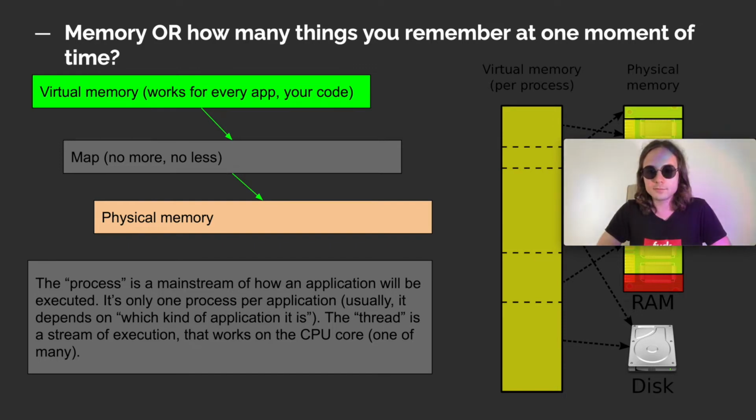And as I said, thanks to the virtual memory interface, you can use your random access memory and you can use your disk in more or less the same way. So for developers it is nice because we can care about how much memory we use, what we need, what our application logic is, and we do not care about physical memory.